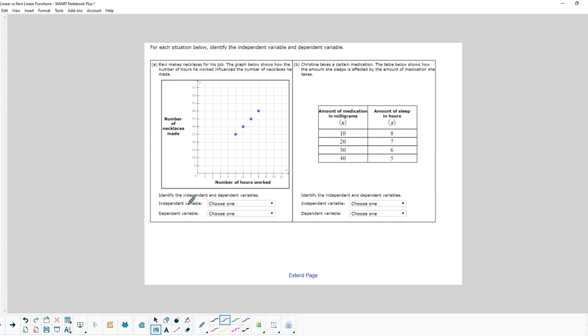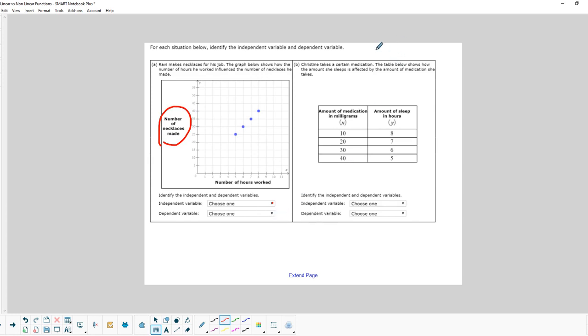So on this one, when you do this on ALEKS, you just click on this little arrow, which I can't do in this format, but it will bring up a little menu that says independent, or it'll say the number of hours worked or the number of necklaces made. So you'll just click on the one that has the x values in it. Then the other dependent variable in this case would be the number of necklaces made. So you'd want to make sure you identify that under here.